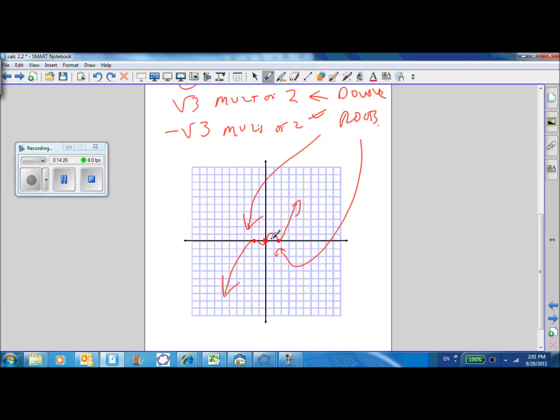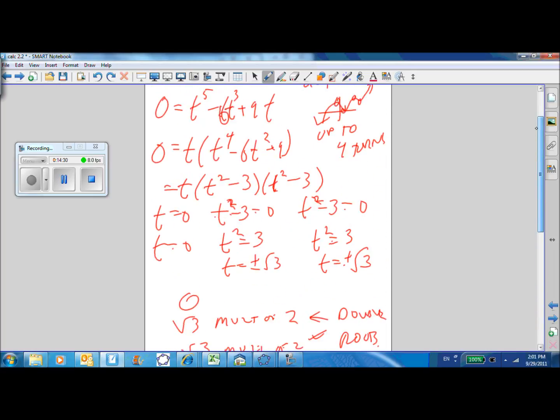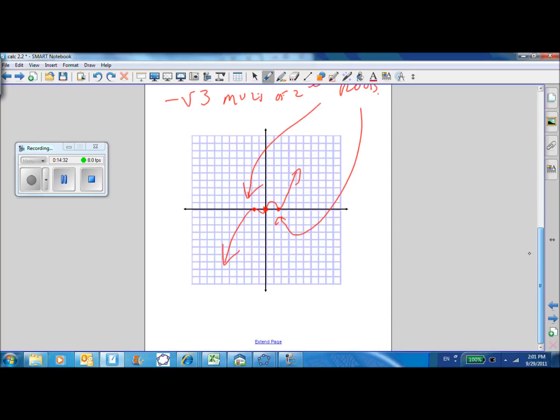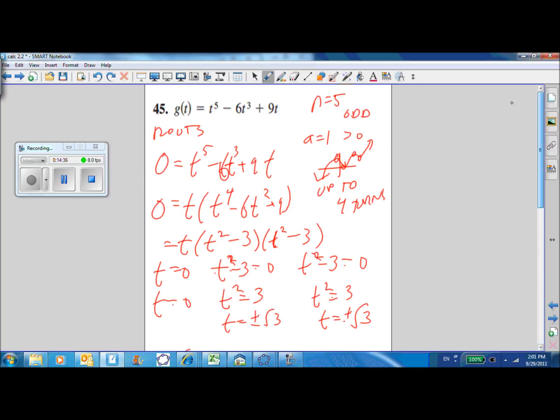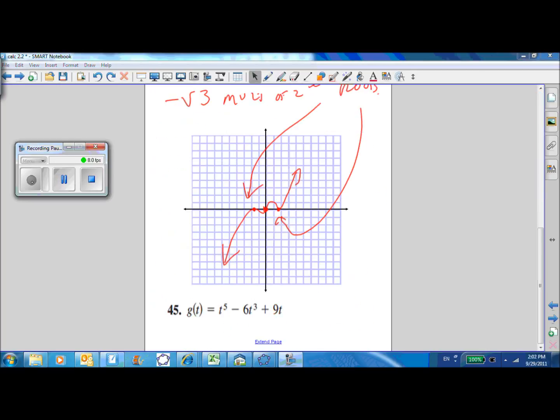Now I could clean this up with maybe one more point. Let's see where 1 is going. 1 is an easy one to do. For G of 1, we get 1 to the 5th minus 6 times 1 cubed plus 9 times 1.